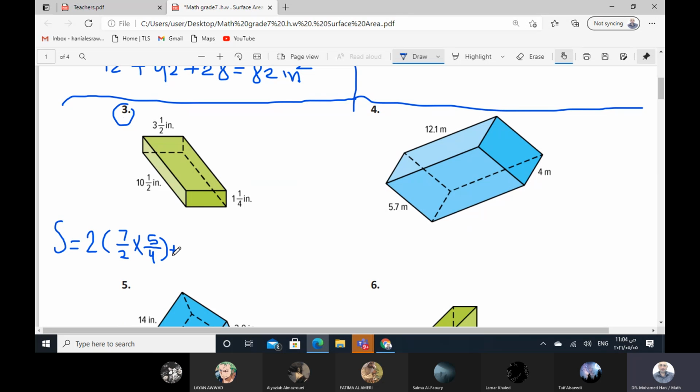Plus here we have this face here and here, a parallel and congruent face. So we can multiply by 2 times the length here, 10 and a half. 10 times 2, 20 plus 1, 21 over 2.